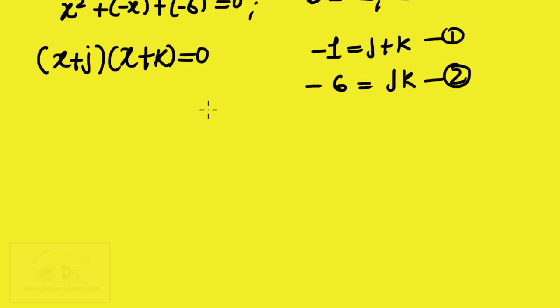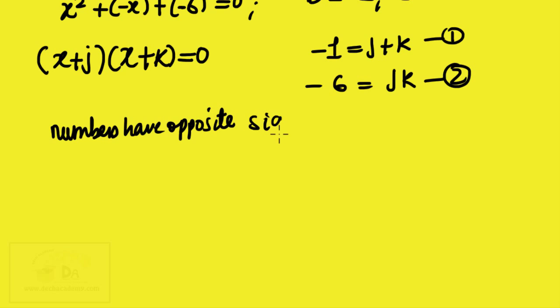Now, just to reduce our workload, let's apply some logic or common sense. If the product of two numbers is negative, it means that the numbers have opposite signs. If you recall, when you have numbers with opposite signs such as minus 6 and 3, the result will be a negative number.